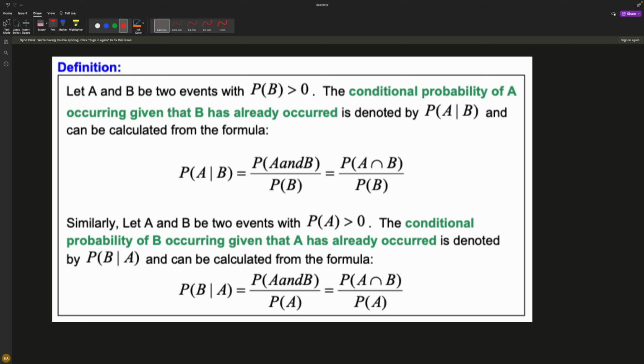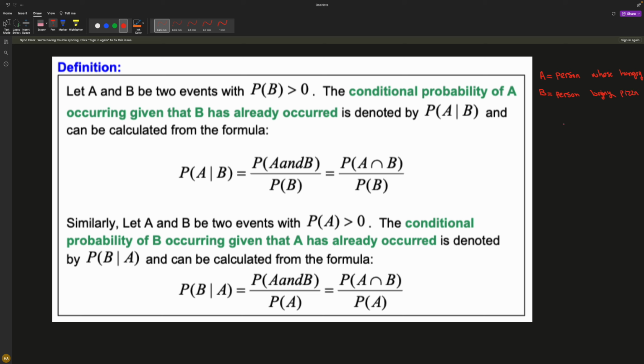Let's assume A equals a person who's hungry, and B is a person buying pizza.